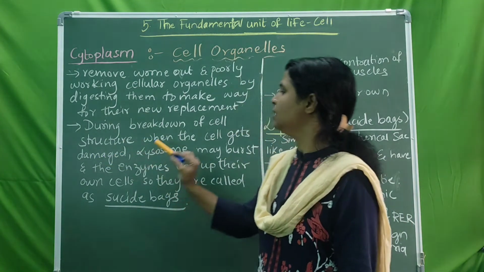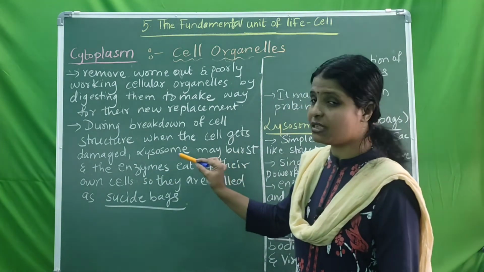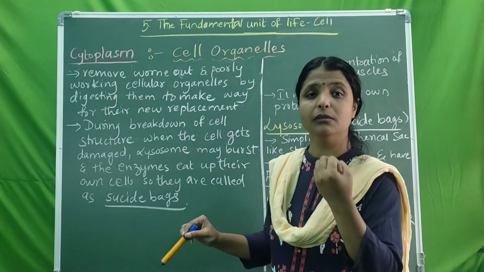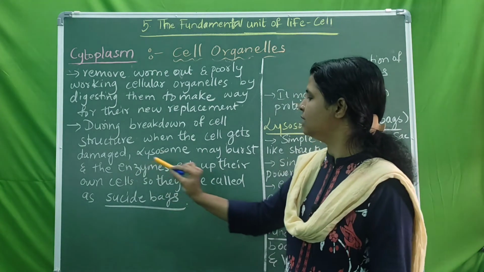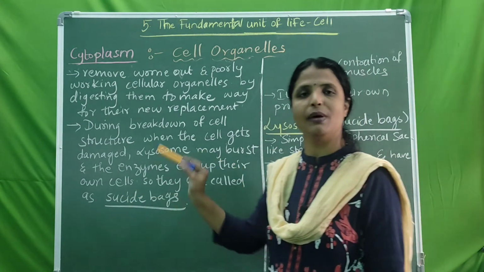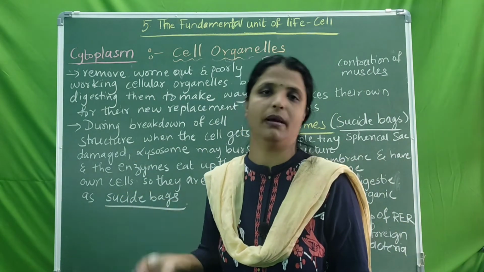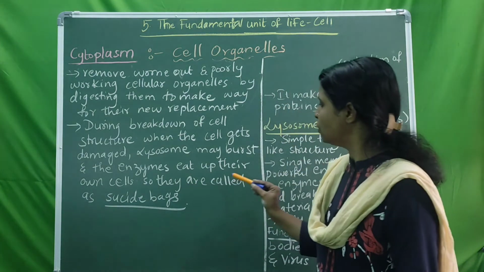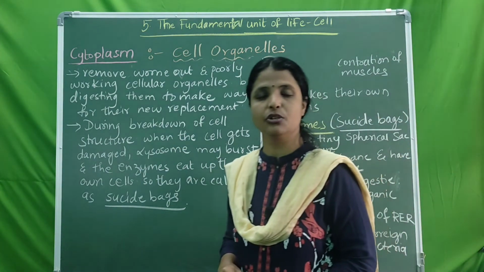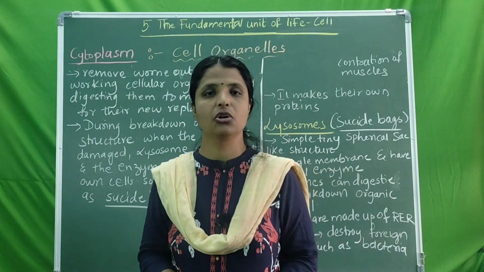In the same way, in the cells also, what will the lysosome do? It may burst. Lysosomes will burst and the enzymes eat up their own cells. That is why they are called suicide bags, because they are eating their own cells. Got it? Now they are called suicide bags. Let's move to the next organelle.